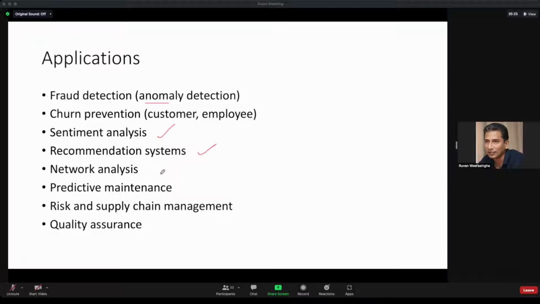Right? So network analysis, very often not talked about too much, right? But let's say anything related to, I think probably the most well-known algorithm in this space is by Brin and Page.